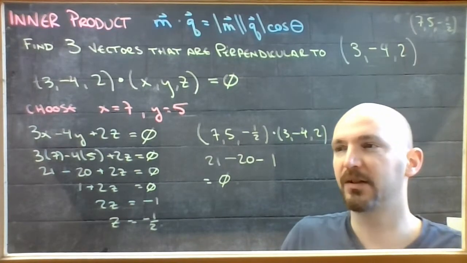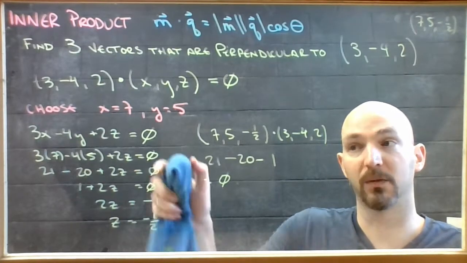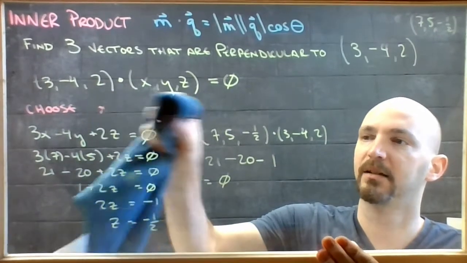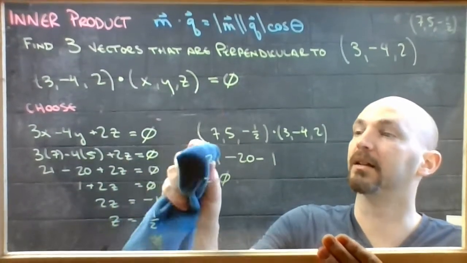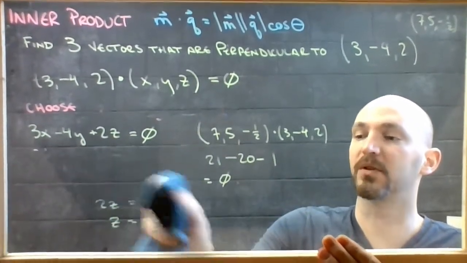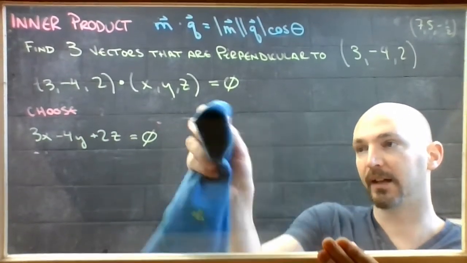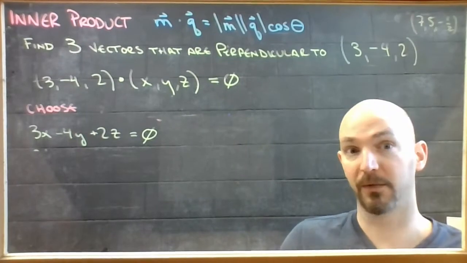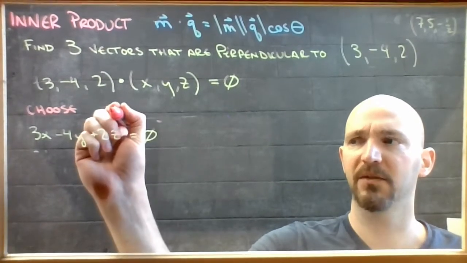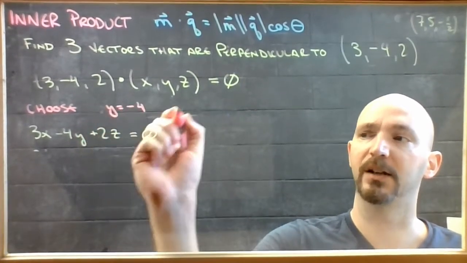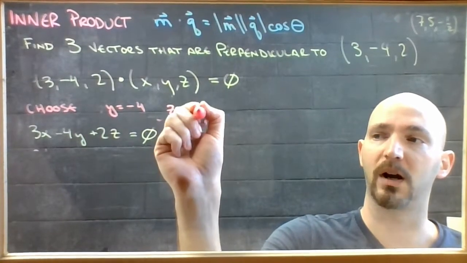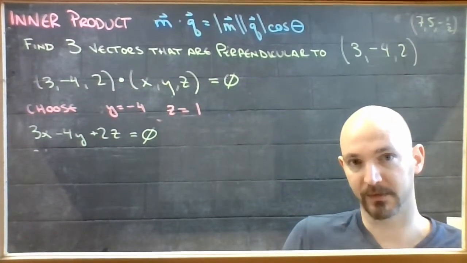Okay, so I did one where I picked the x and the y. So I'm going to do one where I pick the y and the z instead. I'm going to get rid of this, and I'm going to ask you what your favorite numbers are for y and for z. And I'm going to hear you screaming from out there on the internet that your favorite y value is negative 4 and your favorite z value is 1. Great. I like those numbers.